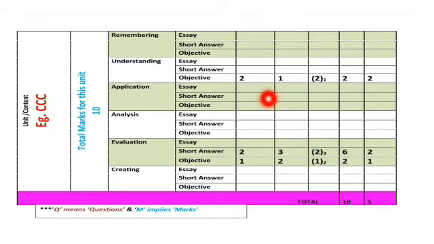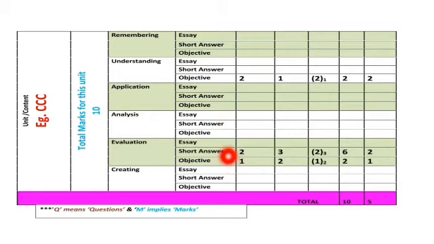Alright, coming to the third unit. We don't have any questions from the remembering part, the analysis part, the application part and the creating part. So we have questions from the understanding and the evaluation part. So 2 questions with 1 mark, 2 questions with 3 marks, and one question with 2 marks, that is the objective.